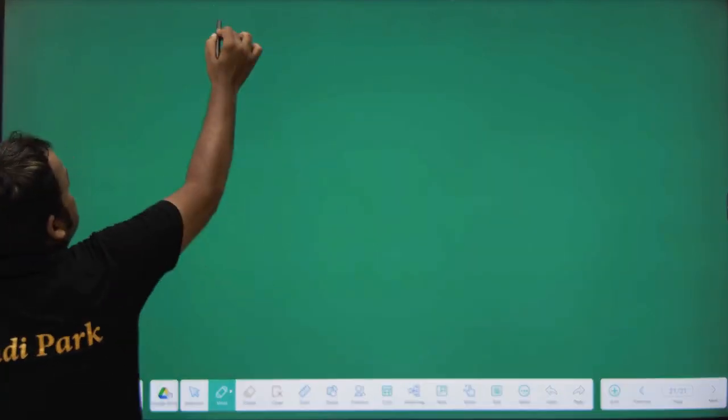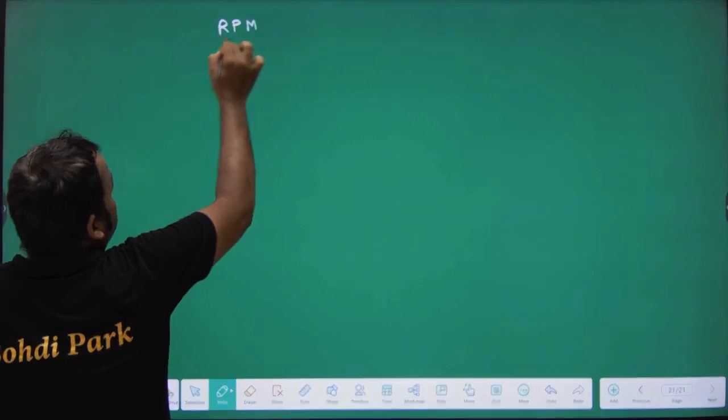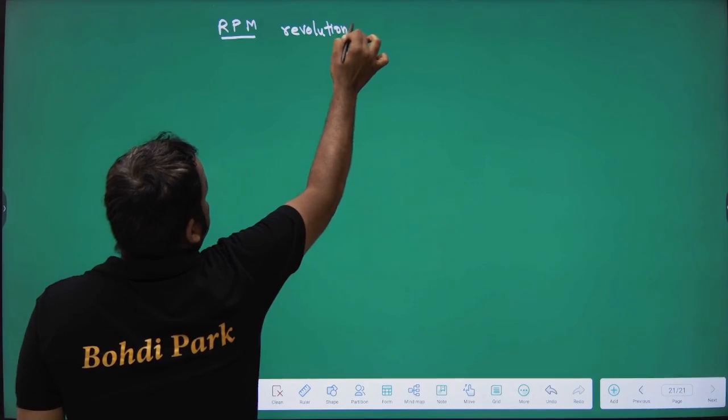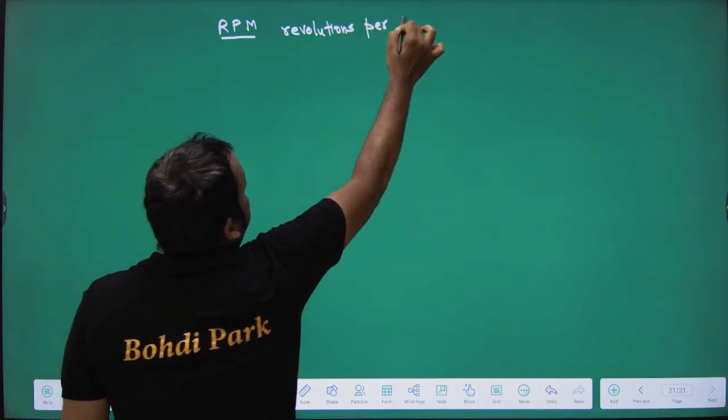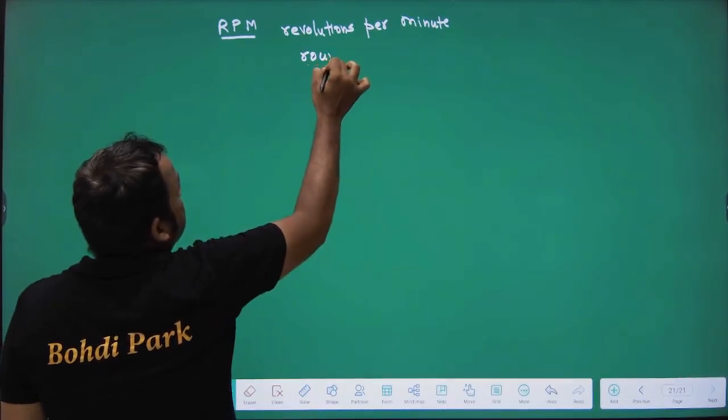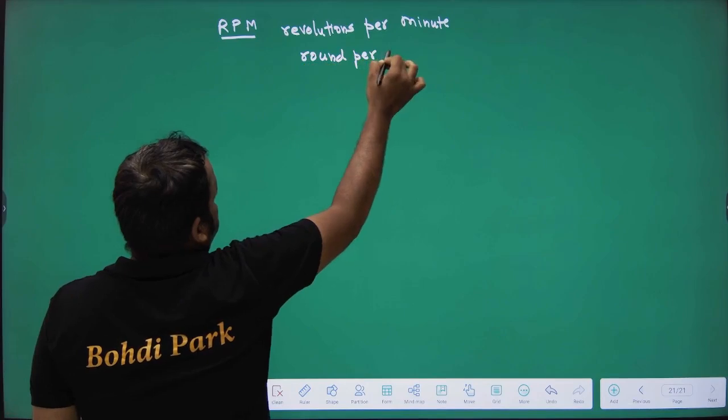Now next we will discuss what is rpm. It can be called revolutions per minute or round per minute.